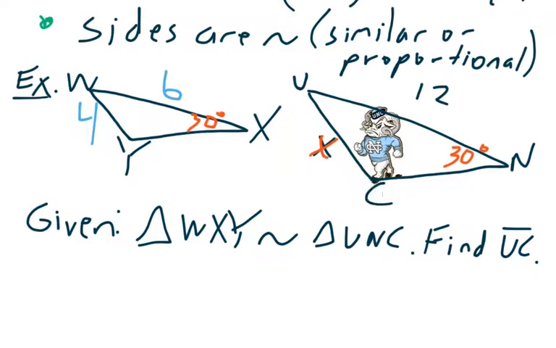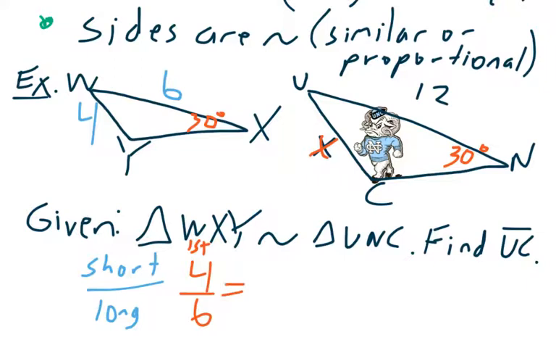So I'm going to set up a proportion. So short over long is one way to say it. Another way to say it is you can look at the corresponding sides. I'll show you that in a second. So for short, let's look at the first triangle. That's the shorter side, that's the longer side. So I could say 4 to 6. And this is for my first triangle. So 4 over 6. And then in my second triangle, the shorter side is the X, the longer side is the 12.